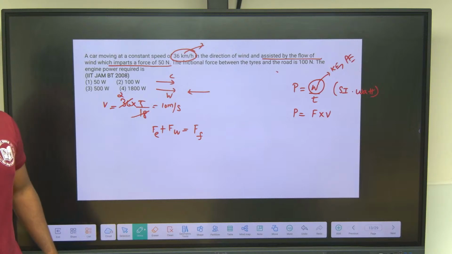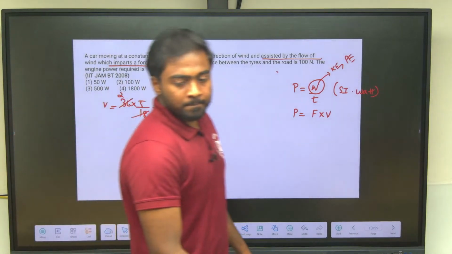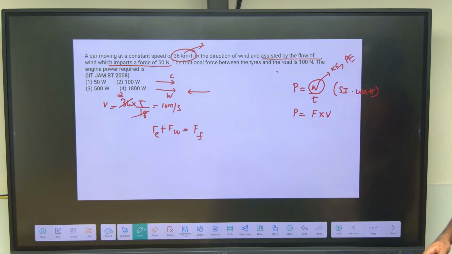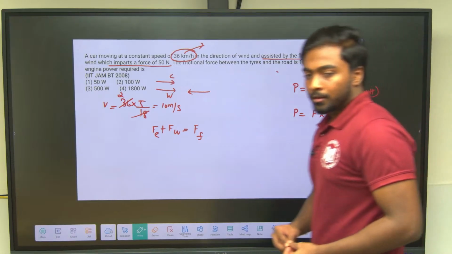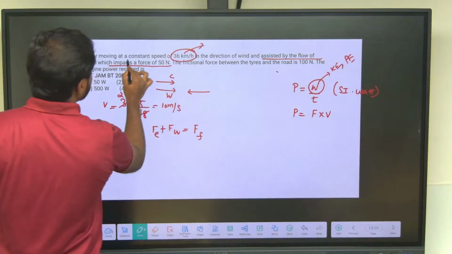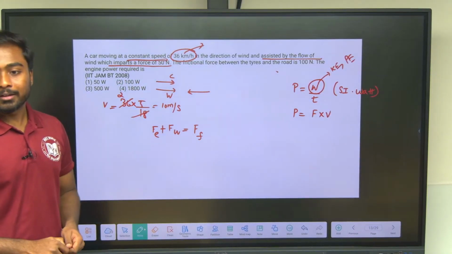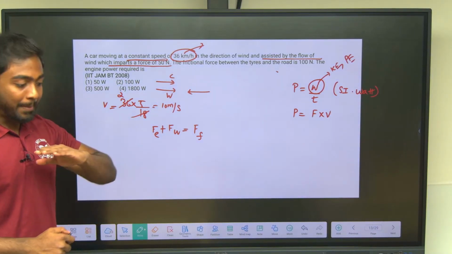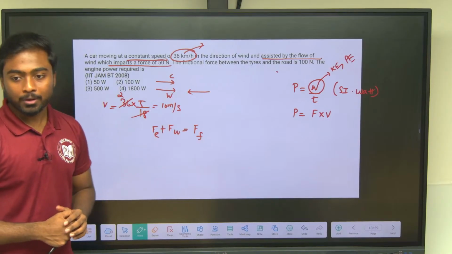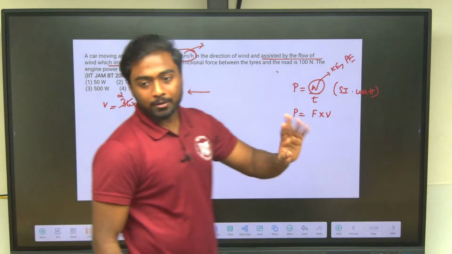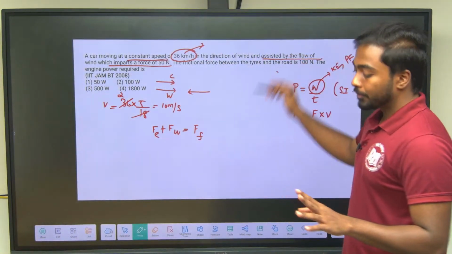If the power coming from the car and the wind pushing it is equal to the friction, then the car will stop, no? The thing is, the car is moving at a constant speed only. It's not accelerating or decelerating, it is maintaining it. Yes or no? If it wants to maintain, it needs to be the same force only. What is Newton's first law?